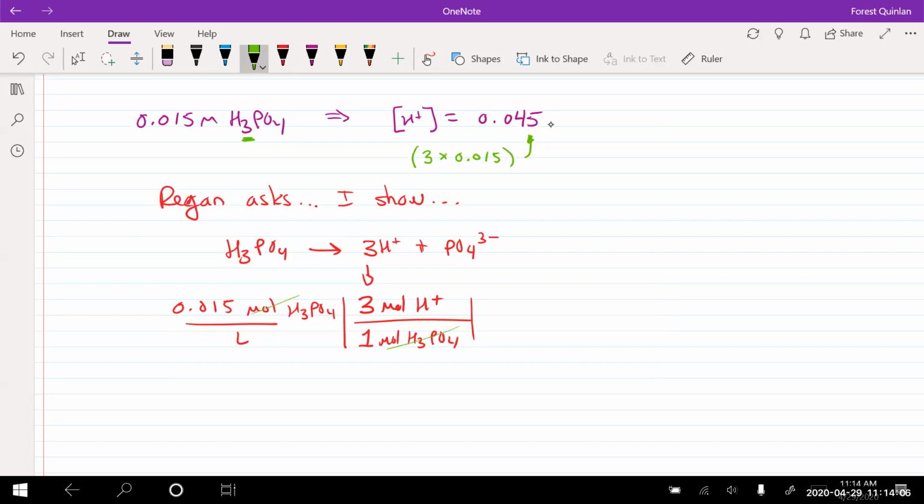Which means now I have the moles per liter for the H plus, and that's why it is 3 times. Yeah. No, when you put it that way, that is helpful. In fact, let me go ahead and put that in a different color here, just so we can see.